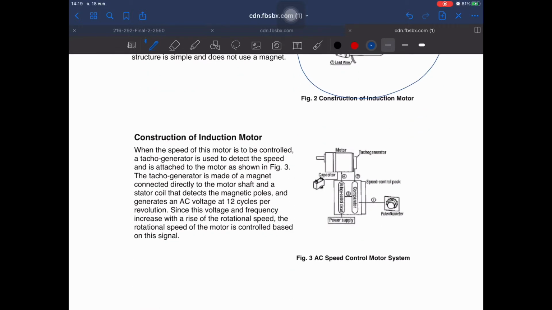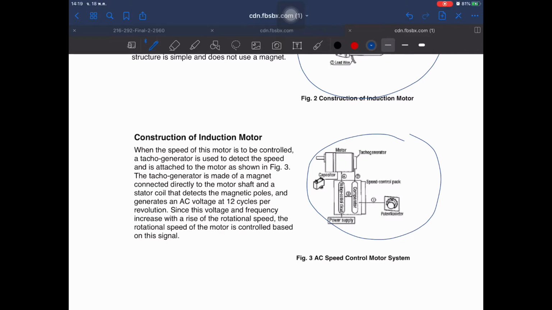And this one, construction of induction motor. When the speed of this motor is to be controlled, a tacho generator is used to detect the speed and is attached to the motor as shown in the picture.